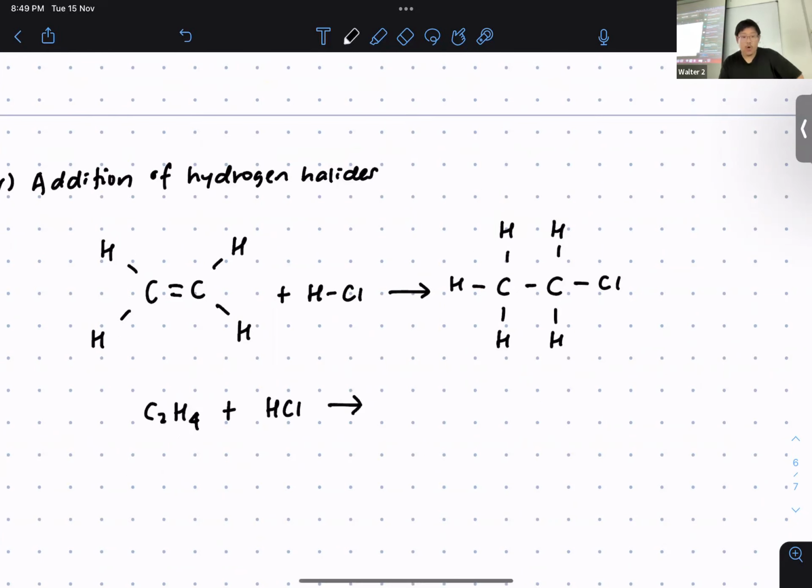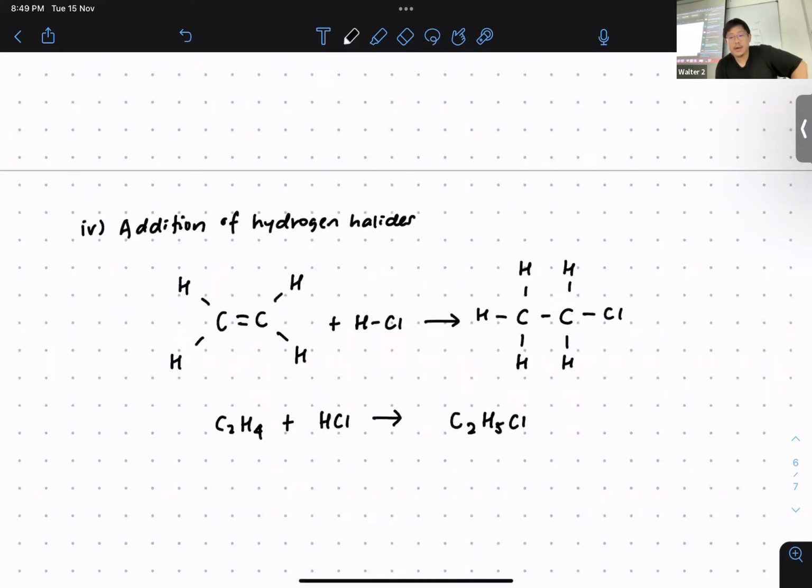HCl here is hydrogen chloride gas, not hydrochloric acid. It's a covalent molecule. If you replace it with hydrogen bromide, same thing, it will be HBr and things like that.